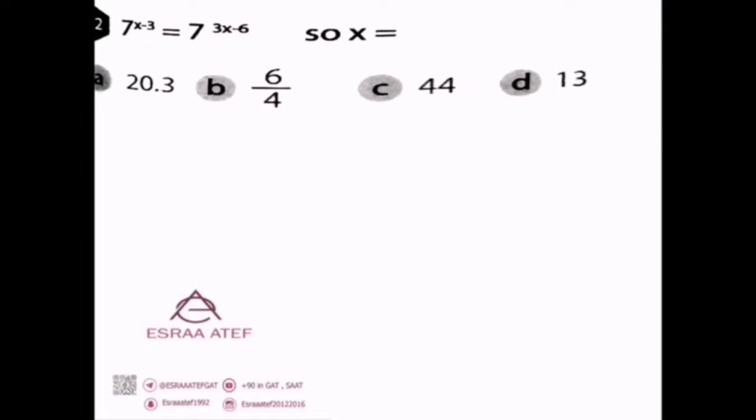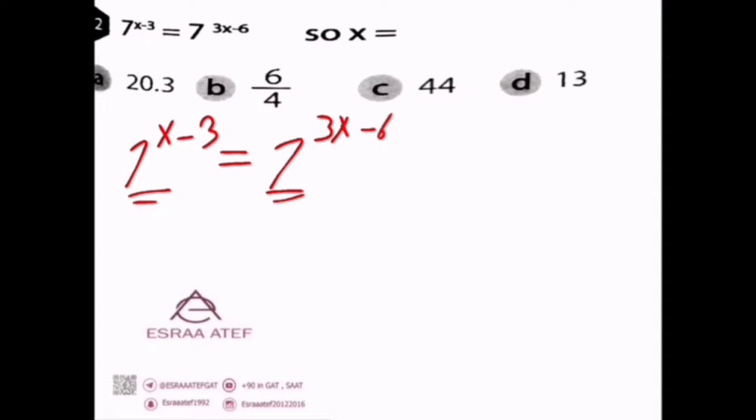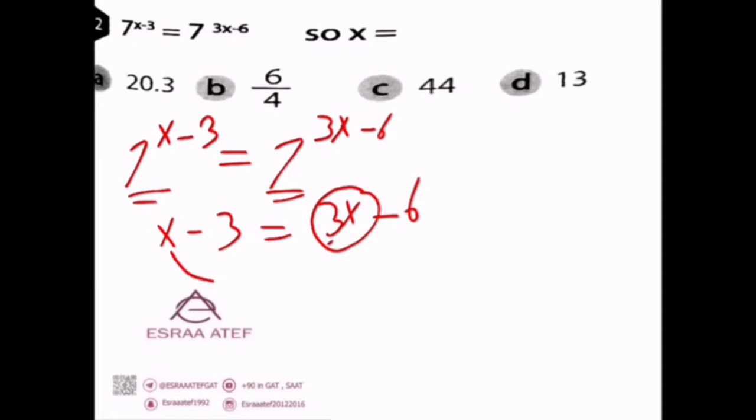Next one, we have 7 power by x minus 3, and on the other side 7 power by 3x minus 6. Here we have the same numbers, so we will equate the powers. So x minus 3 equals 3x minus 6. We will solve the terms with each other. We will take the x here, and we will take 6 to the other side.